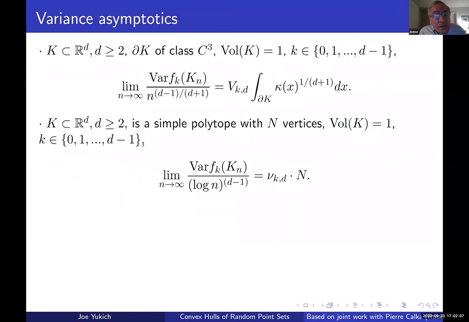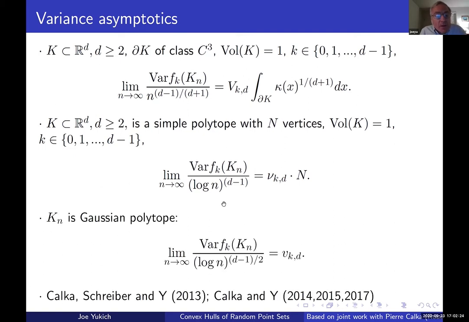Same thing happens if you have a simple polytope with n vertices. The variance asymptotics have the same scaling as with expectation asymptotics. Here, nu kd is a constant depending upon k and d. And likewise, if one has a Gaussian polytope, the variance asymptotics of the convex hull of an n-point Gaussian set exhibit also the same scaling.